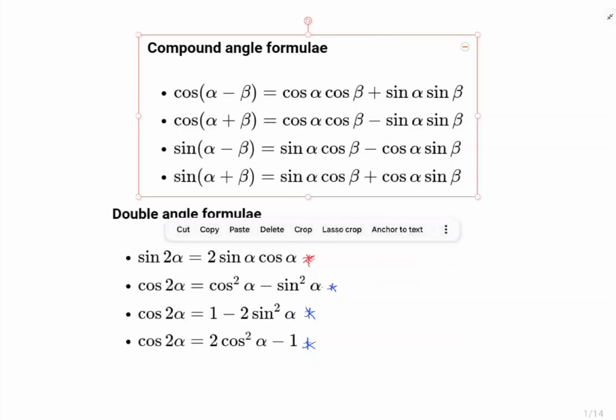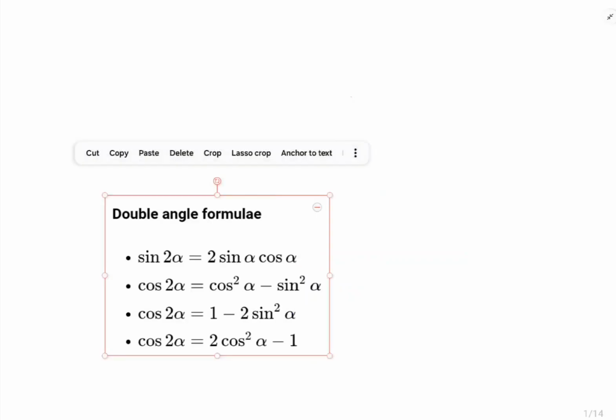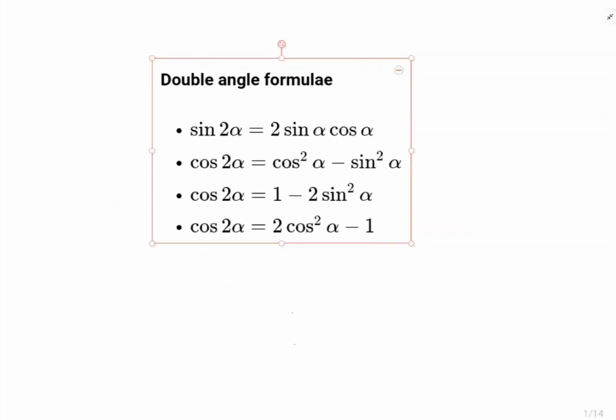Okay, now that we're working with double angle formulas in this video, we can just go ahead and stick to these formulas for now. So yes, and with double angle formulas, again, you want to make sure that these angles are going to be special angles. So now it's pretty much just a single angle doubled by itself, but you want to make sure that it's also in special angles.